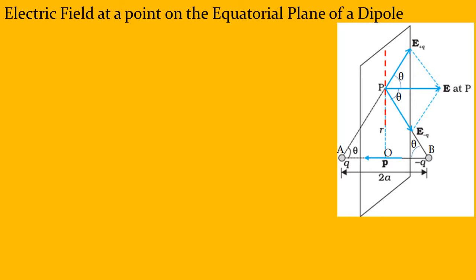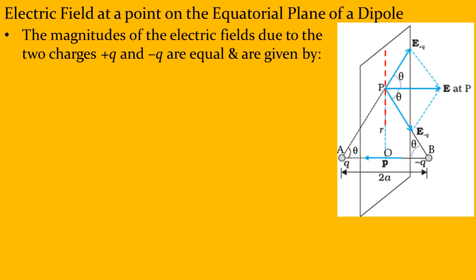We have here a dipole, the charge minus Q and the charge plus Q. The axis of the dipole and the direction of the dipole is from minus Q to plus Q. If a plane passes through the center of the dipole O, and is perpendicular to the axis of the dipole, then this plane, as shown here, is called the equatorial plane of the dipole. We want to calculate the electric field at any point P lying on this equatorial plane.